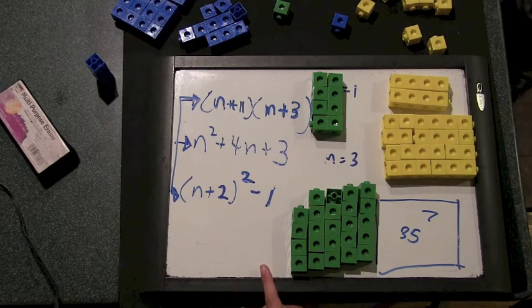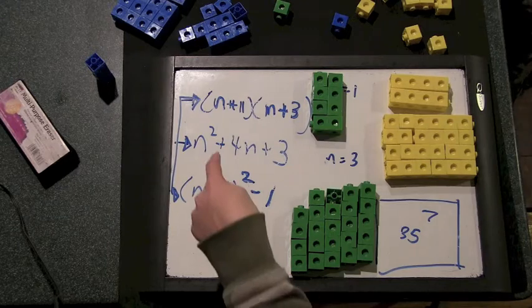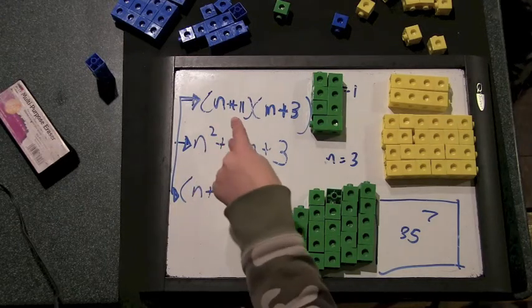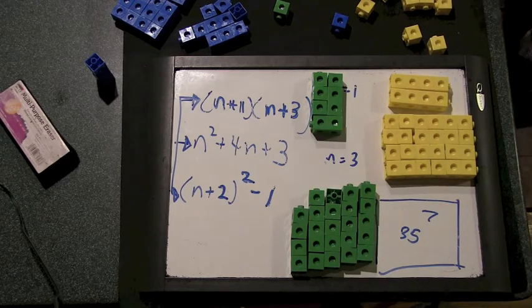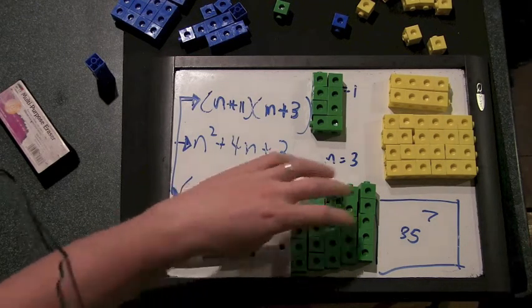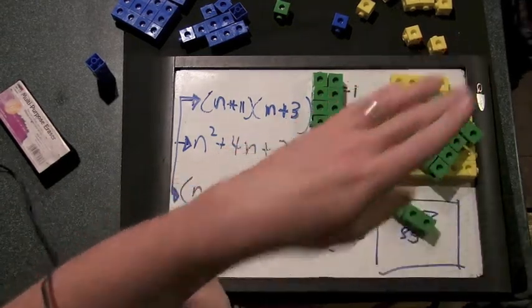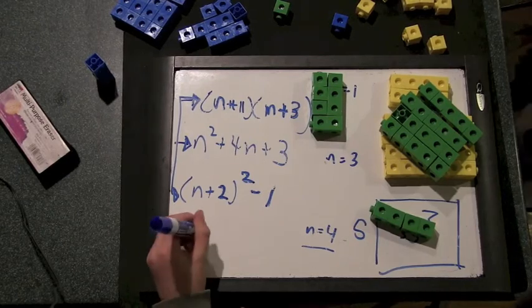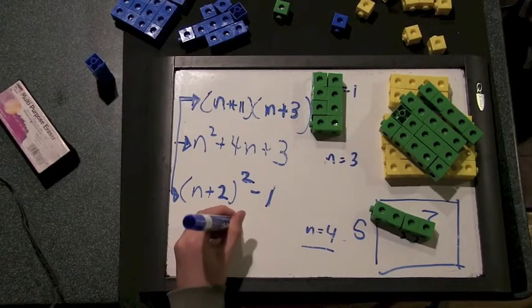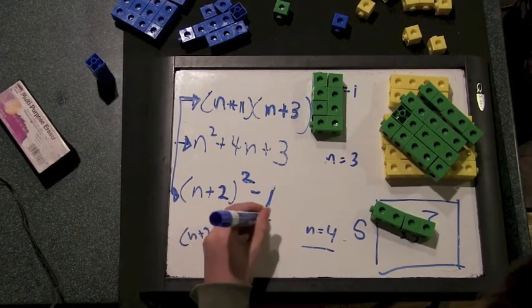This is n plus 2 minus 1 times n plus 2 plus 1. Ooh, you lost me there. What idea were you using? So this one is n plus 2 times n plus 2 minus 1.